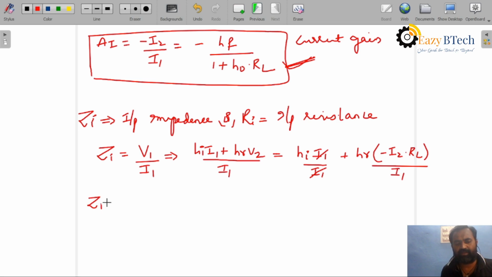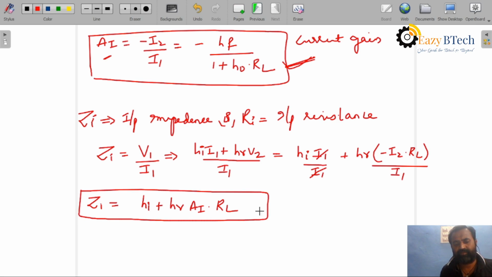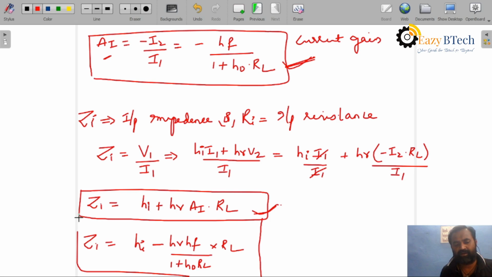So Zi = Hi + Hr times minus I2 by I1 times RL, which is AI into RL: Zi = Hi + Hr AI RL. This may also be written as Zi = Hi minus Hr Hf RL by (1 + Ho RL). This is the input impedance.